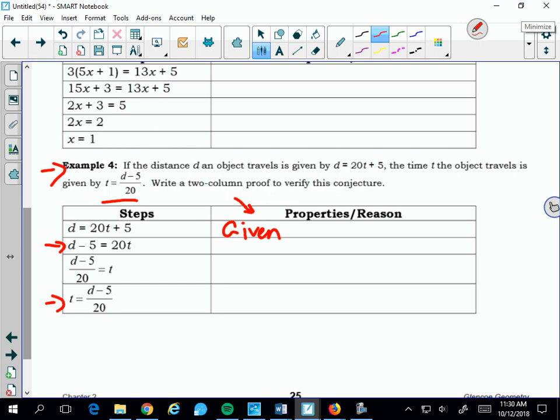And this one's kind of strange. This one could really be the subtraction or addition property because it depends on what you say you're doing. I can say that I'm going to add a negative 5 to both sides to get this, or I can also just say that I am subtracting 5 from both sides, and that's fine. So I'm going to say that this is subtraction. Subtraction property.